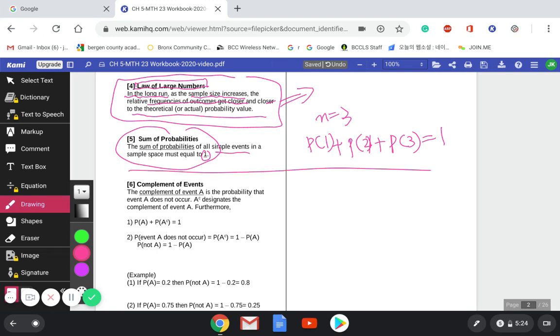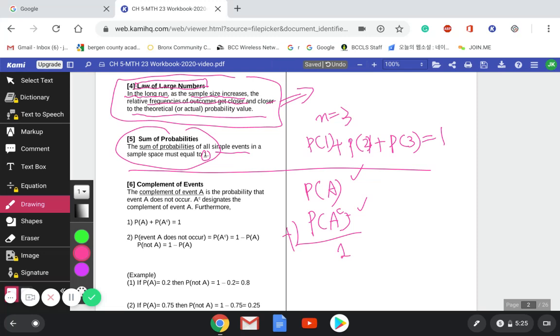Okay. And the next concept is the complement of an event. Let's say there is a probability of event A; the complement we call the probability of event A, and you write a small c there to say it's a complement. When you add these two probabilities, event A and complementary event A, you always end up with 1.